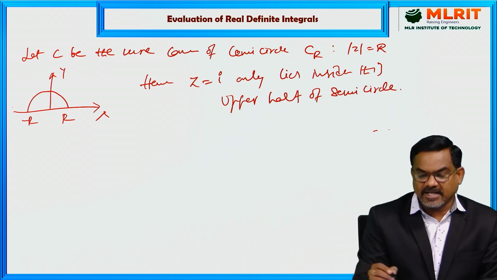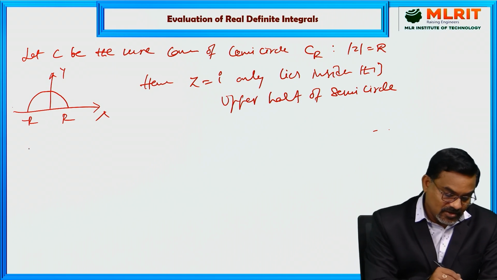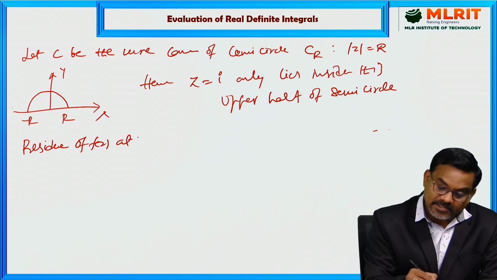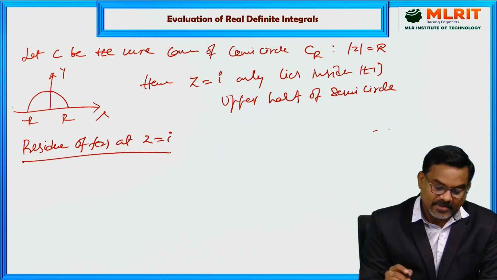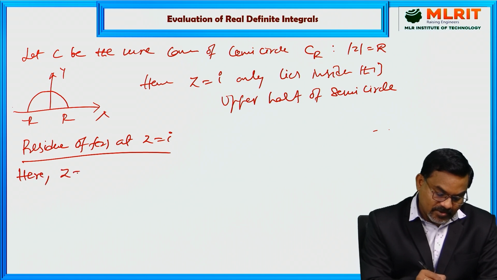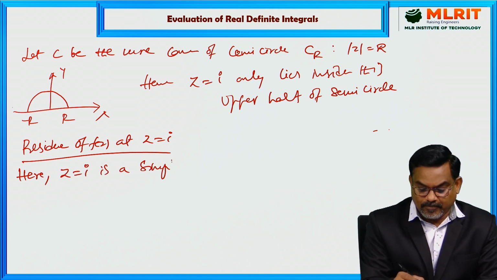Z equal to minus i lies outside. So we need to find the residue of f at the pole z equal to i. Here z equal to i is a pole of order 1, so it is a simple pole.